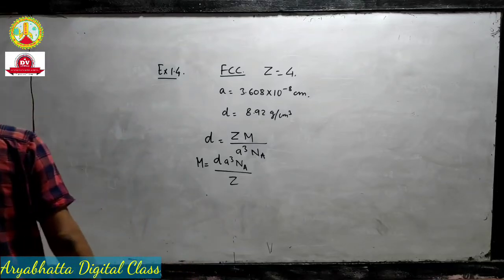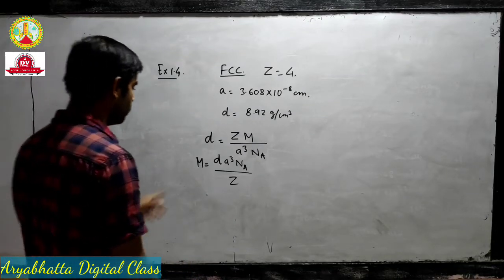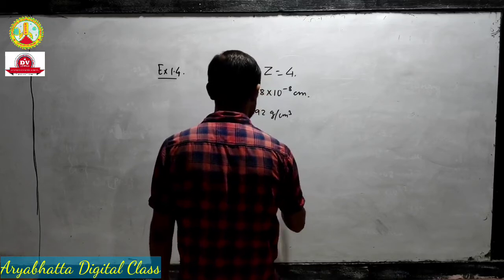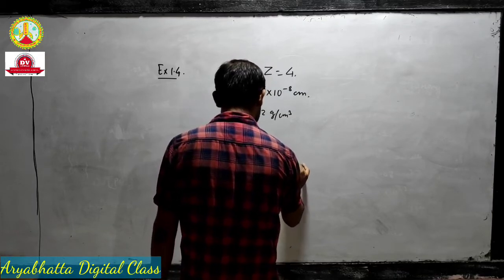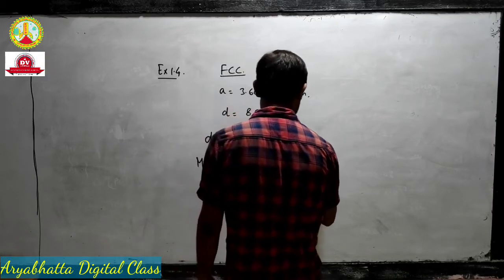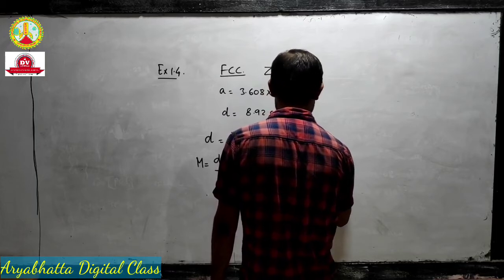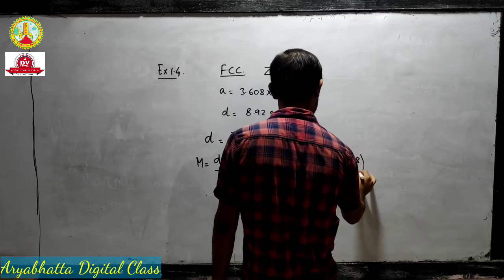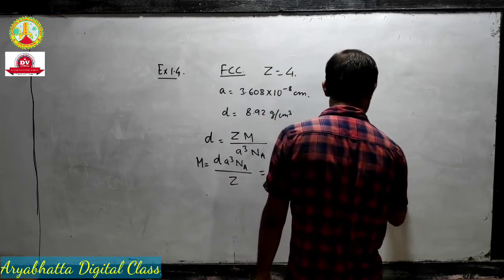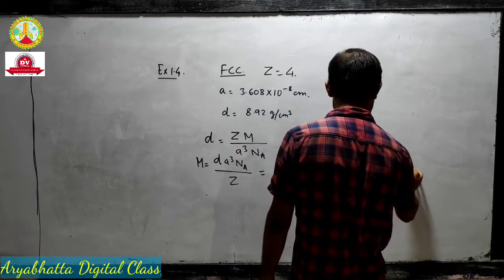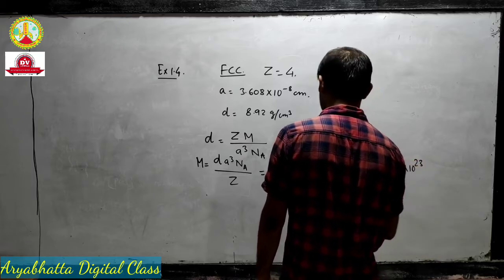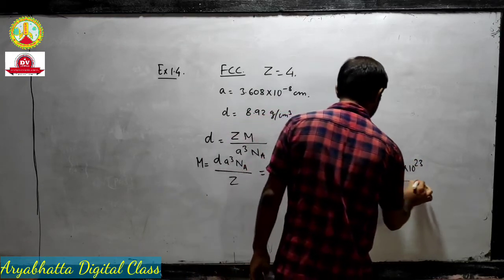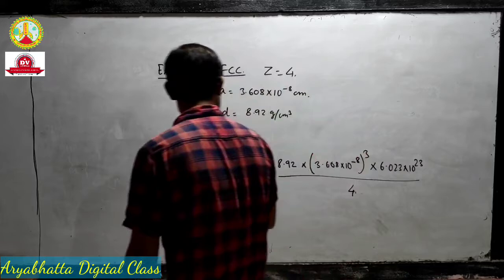Now put these values. d is 8.92. a is 3.608 into 10 to the power minus 8. Na is 6.022 into 10 to the power 23. And Z is 4.